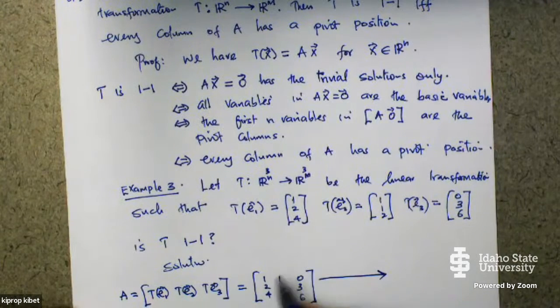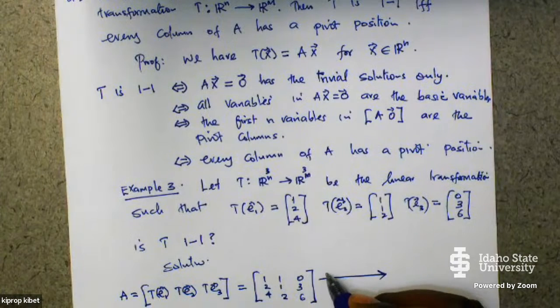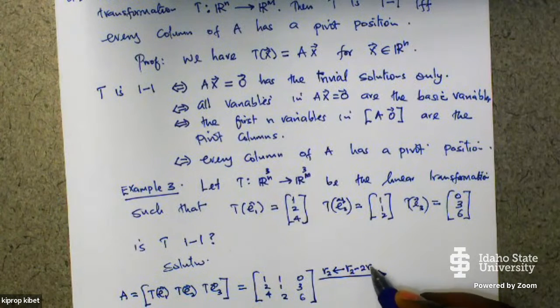To reduce this matrix, looking at the first entry in the first row, it is 1, so it is not 0, so we cannot switch. We can reduce it like that. To get a new R2, we take R2 minus 2 R1.